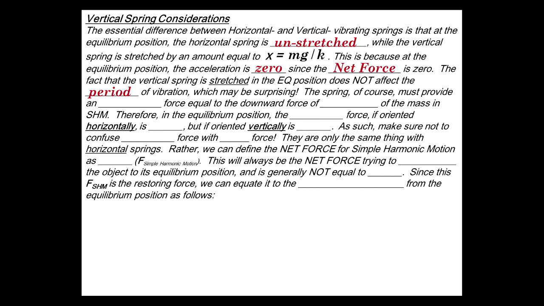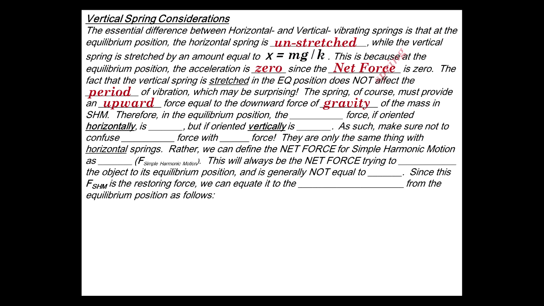So that's perhaps a little surprising, but fundamentally, for the object in vertical SHM, that period is the same as if you somehow could put it on a frictionless table and make it oscillate horizontally. So the spring must provide an upward force equal to the downward force of gravity.